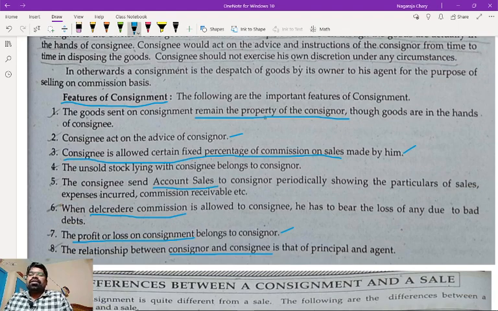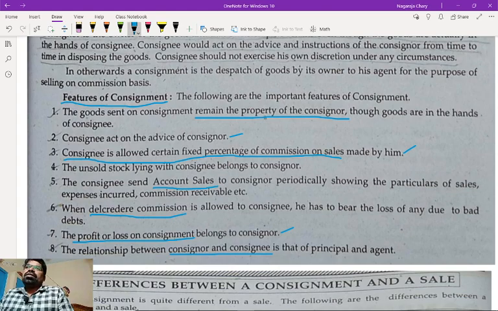The detailed information should be sent to consignor. Sometimes del credit commission may be given, and that is to be given by consignor. Whatever the profit, whatever the loss, that is to be borne by consignor. So the relationship between consignor and consignee is principal and agent relationship.